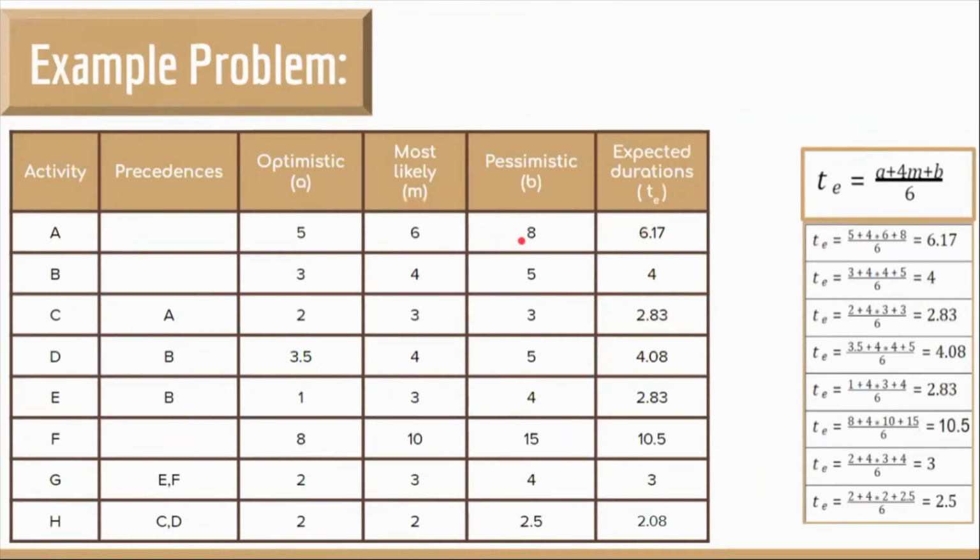Considering activity A, we have 5 plus 4 times the most likely time 6 plus 8, divided by 6, giving us 6.17. Considering B, we have 3 plus 4 times 4 plus 5, divided by 6, giving 4. And similarly, we do this for all the activities.